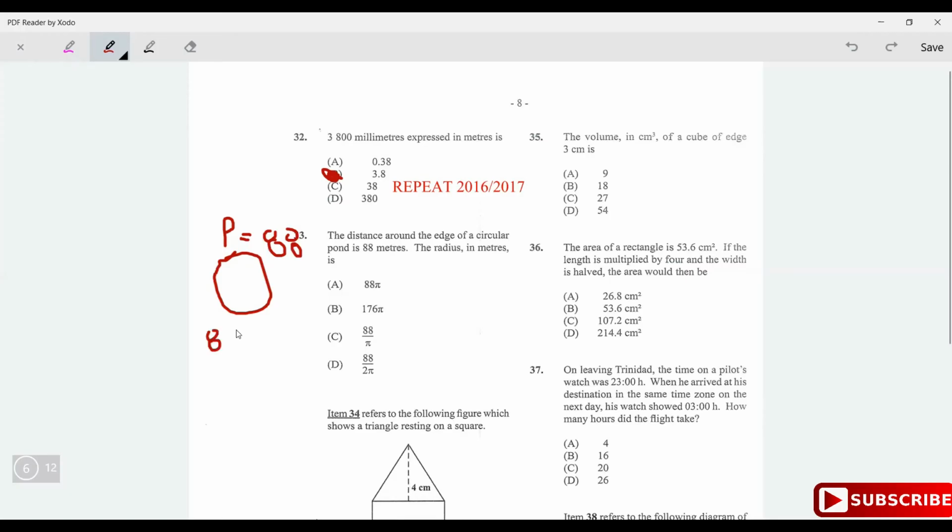So 88 is equal to the perimeter, which is 2 times pi times r. So all you have to do is divide both sides by 2 pi and you get the radius. Easy question. Nice. So divide both sides by 2 pi and we get the answer. 2 pi cancel, 88 over 2 pi. Easy.